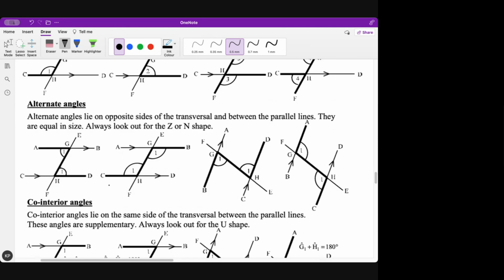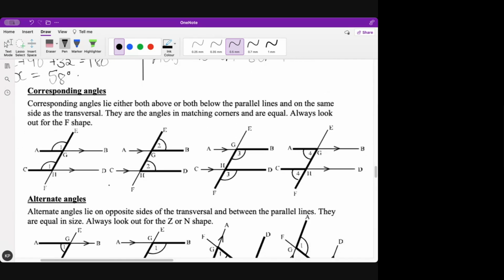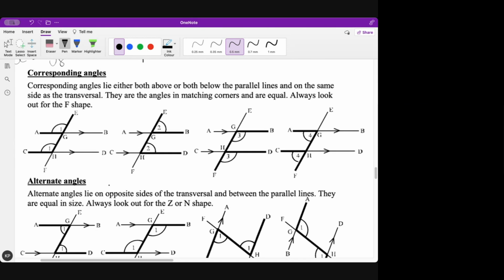And these are the three rules, or the three special angles, that involve parallel lines. The first one is corresponding angles. Corresponding angles both have to be above or both below the parallel lines. This is my parallel lines, right?